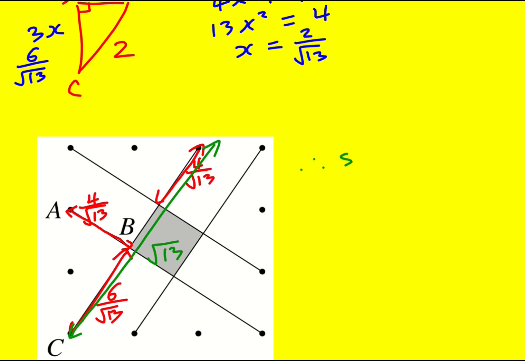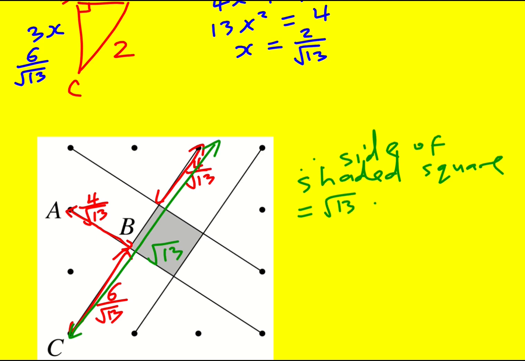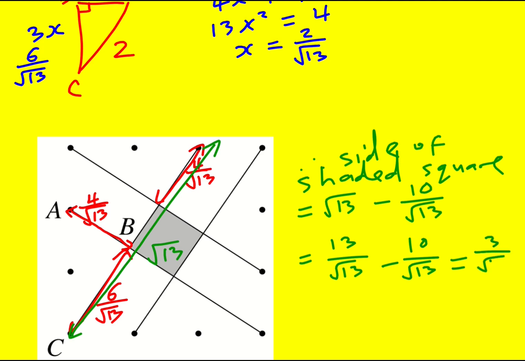And therefore, the side of the shaded square is going to be root 13 minus 10 over root 13, which I could write, if I multiply, as 13 over root 13 minus 10 over root 13, which gives me 3 over root 13.